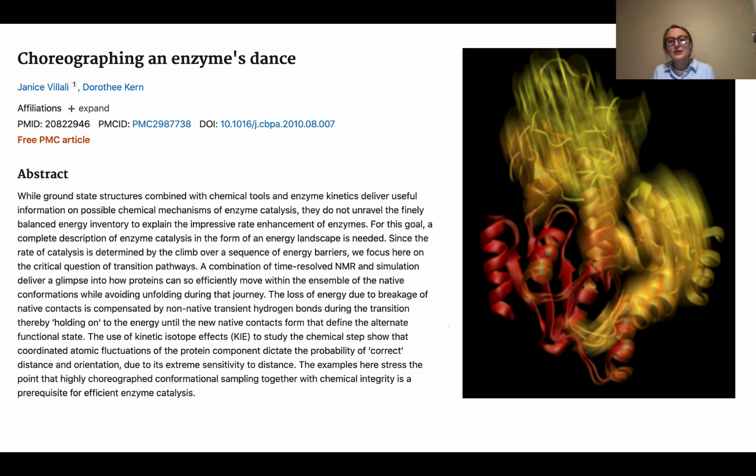And a lot of people call this enzyme dancing. So here's kind of a funny picture that was included in this research article talking about choreographing an enzyme's dance. The dancing enzyme is going between its two shapes in an active form and an inactive form according to whether or not the substrate is bound.